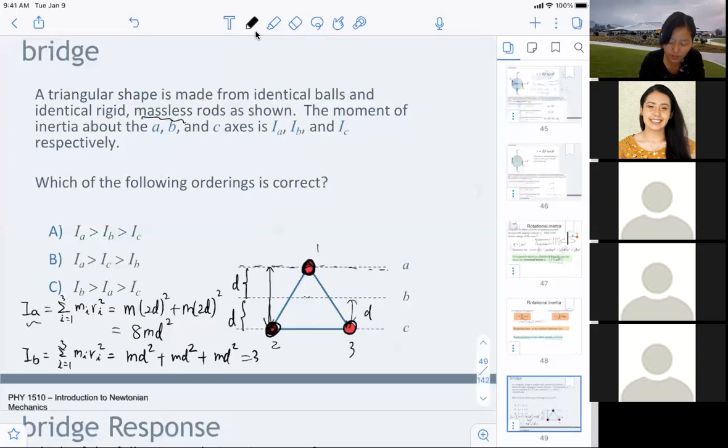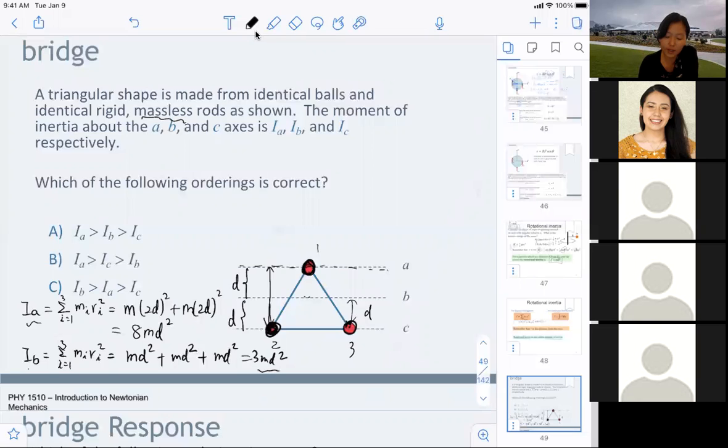So we get 3md squared relative to B, which makes sense because if you rotate this thing relative to the center, you can feel that it's easier to rotate than rotating relative to the end. So it makes sense for this to have a smaller I.